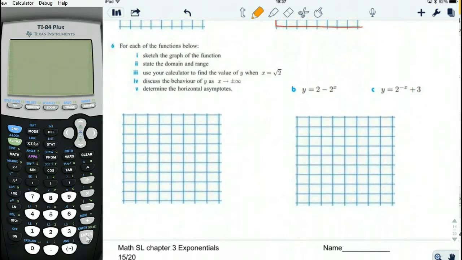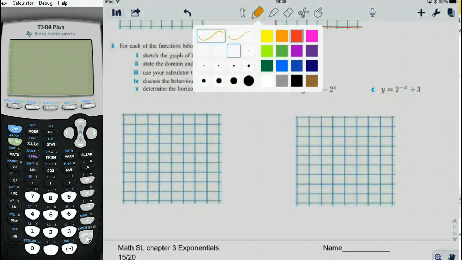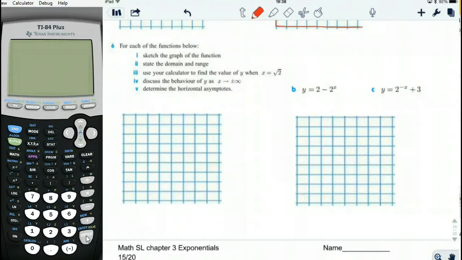Let's see. For each of the functions below, sketch the graph, state the domain and range, use your calculator to find the value of y when x equals square root of 2, discuss the behavior of y as x approaches negative or positive infinity, and determine the horizontal asymptotes. Okay, so sketch the graph of the function.